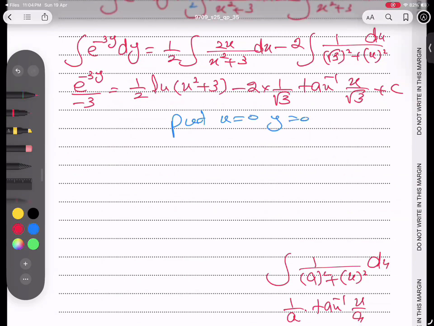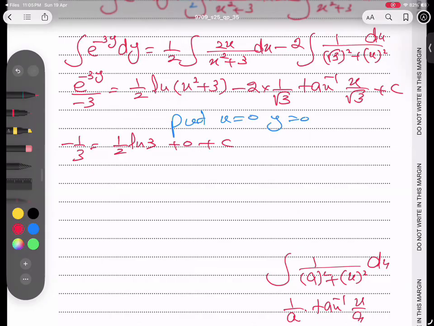So when I plug in this y0 here, students, something to the power 0 is 1, we get negative 1 over 3. And when I plug in 0 here, we get a half ln 3. And when I plug in 0 here, cos inverse is 0, tan inverse is 0. Okay, and we got this finished, and the C value.